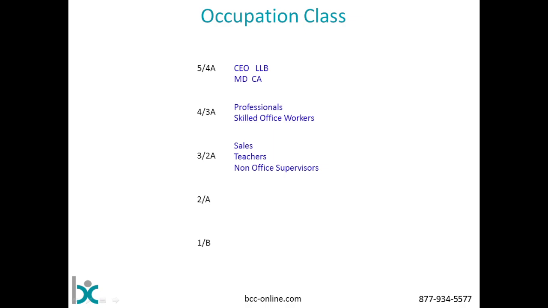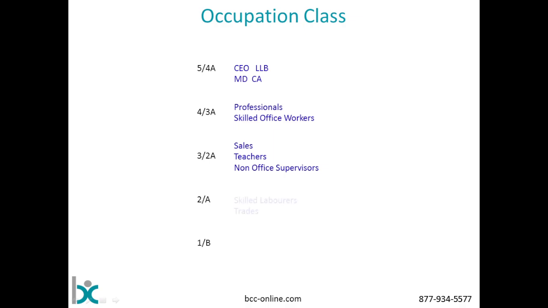Our 3s, we're going to find here salespeople, for example. A lot of insurers will insure teachers here, and you'll find some insurers, depending on the exact nature of the duties for this person, will insure non-office supervisors in some cases here, such as a foreman or a site supervisor.